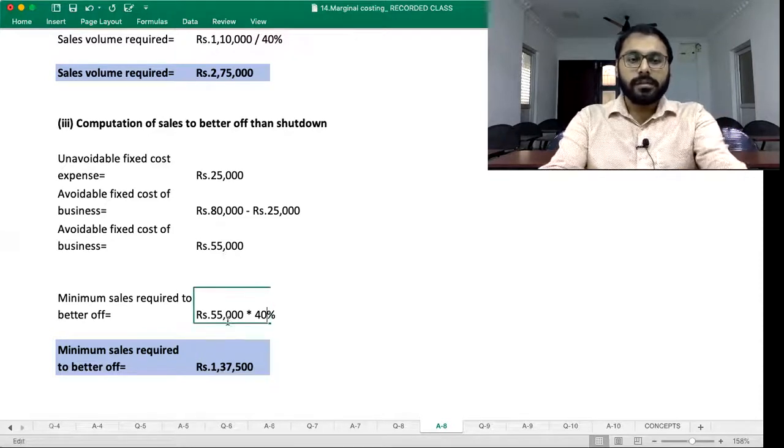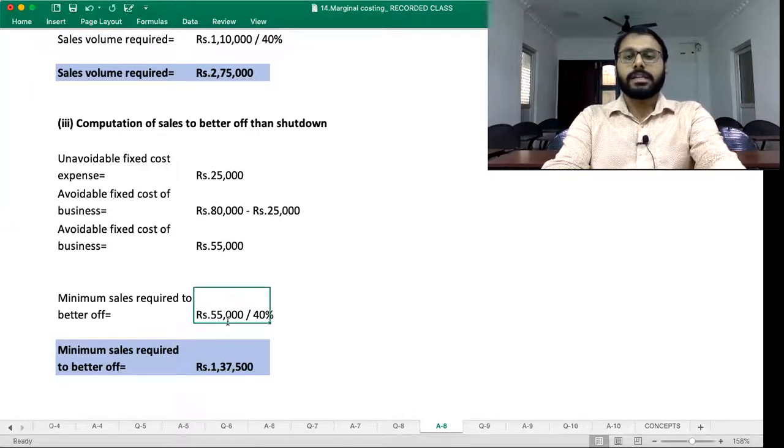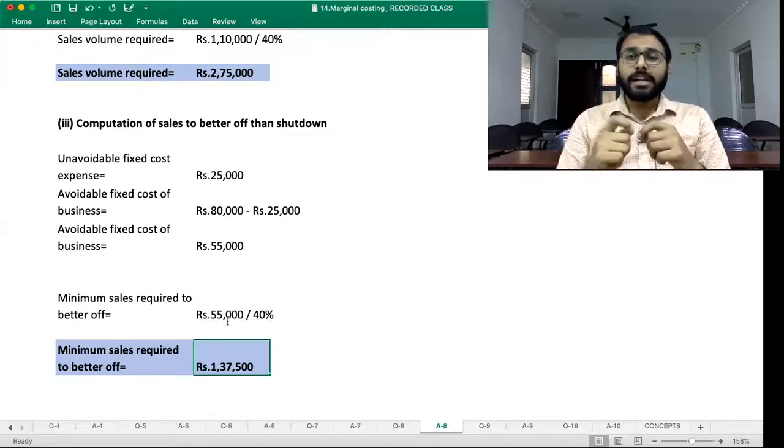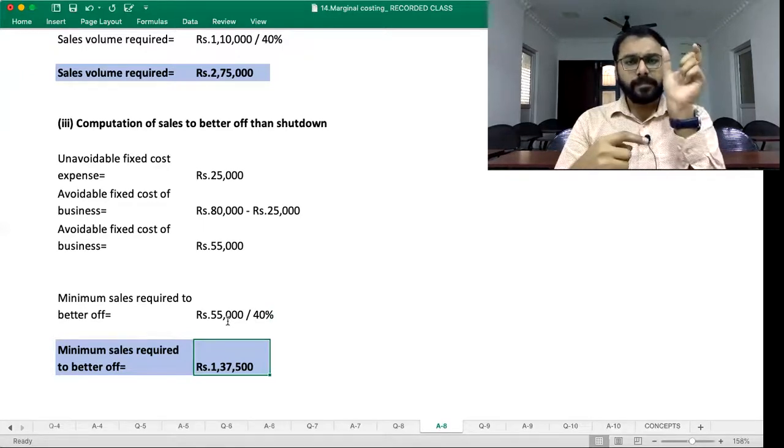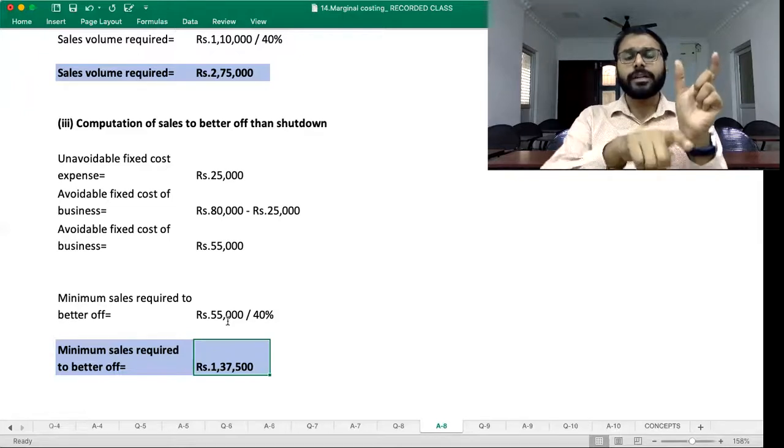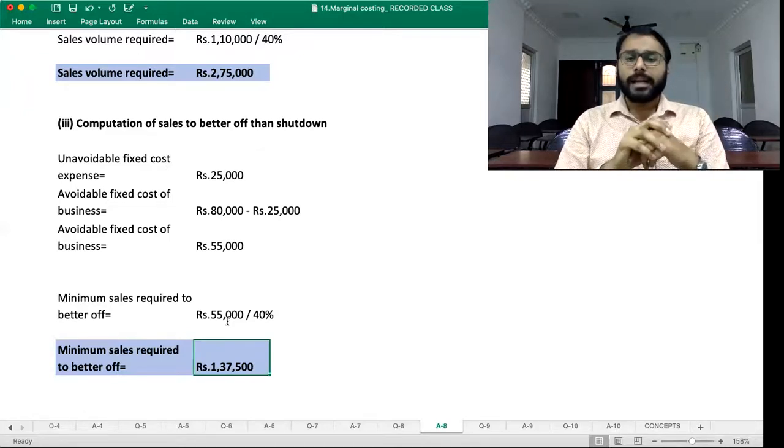So this is going to be 55,000 divided by 40%. Why is it going to be divided by 40%? Because the contribution divided by 40% is going to give you 1,37,500 rupees.